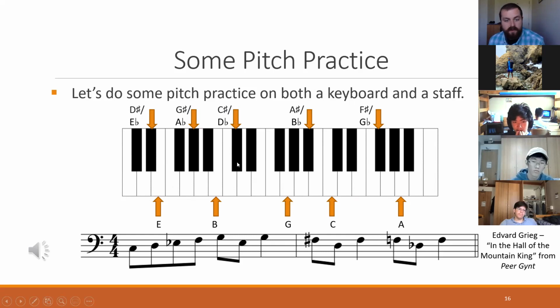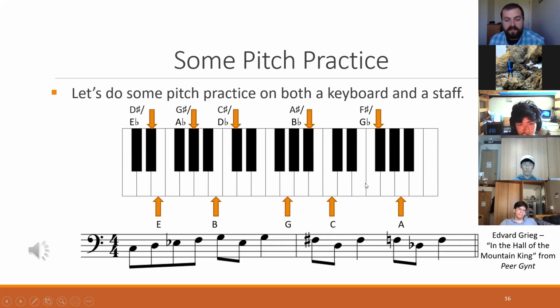Okay, so we know where F is from before. F is below the 3. The next letter in the alphabet is G. There we go, that's G. The next letter, we reset and go back to A, and up a half step from A is A sharp. Conversely, you can go downwards from C, which is right here. You can go C to B, and then lowering B a half step gives B flat. As you can see, there's a bunch of different paths we can take to get to all of these.